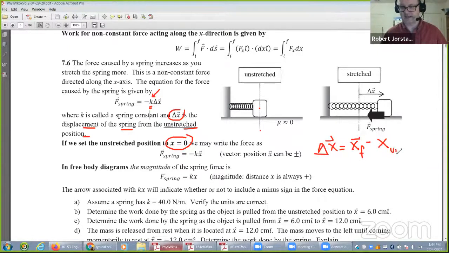I'm going to say X un, okay? So you could choose your coordinate system wherever you want. So why not set our coordinate system at the center of this block when the spring is unstretched? That sends this to 0. That means I don't need this subscript anymore, and that means delta X just becomes X. So take a second. I'm going to pause. Is everybody okay with what I did right there?